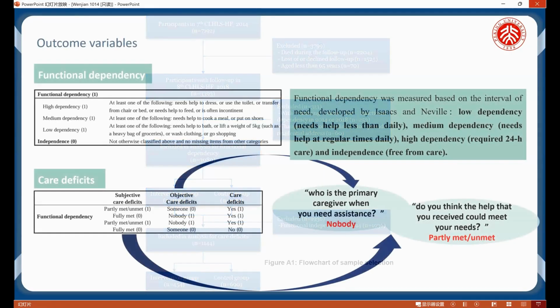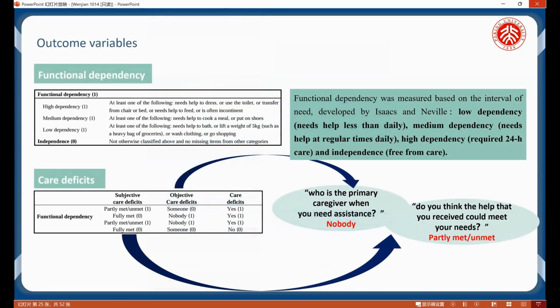Outcome variables include functional dependence and care deficiency. Functional dependency was measured based on the interval of need. Low dependency is needing help less than daily. Medium dependency is needing help at regular times daily.